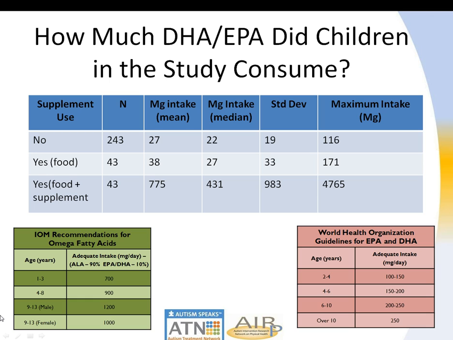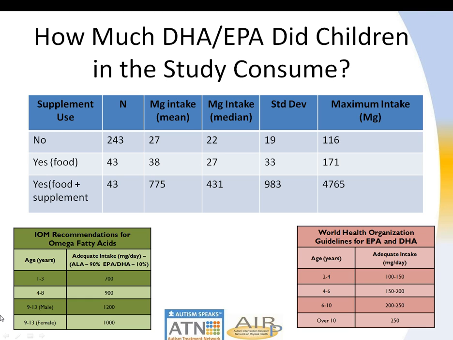So for this analysis we used the World Health Organization guidelines, which are based on DHA and EPA, and since that is what most supplements contain, more accurately represent our population. If you just look at the numbers for children 4 to 6 years of age, for example, the adequate intake is between 150 and 200 milligrams per day.